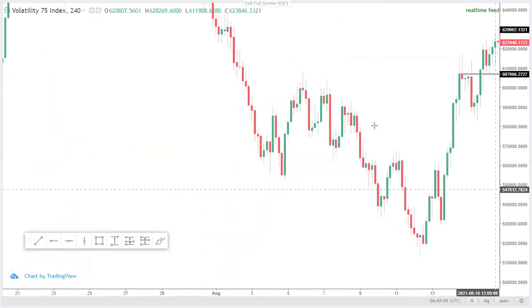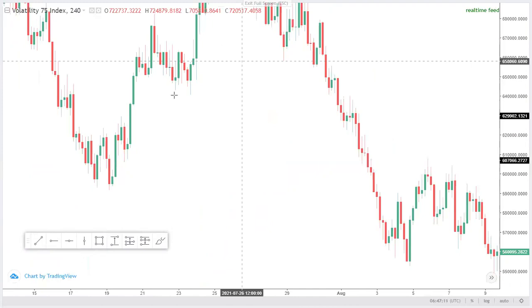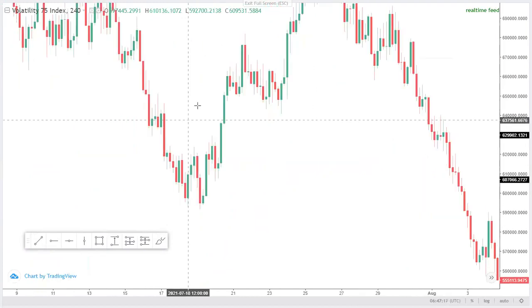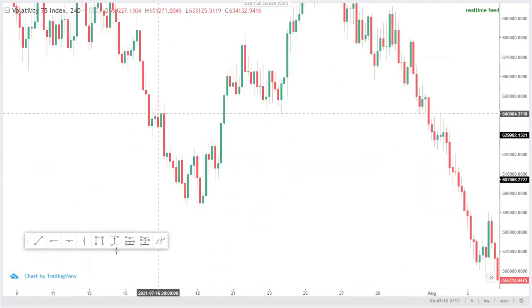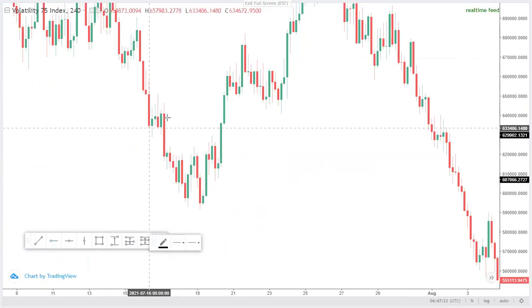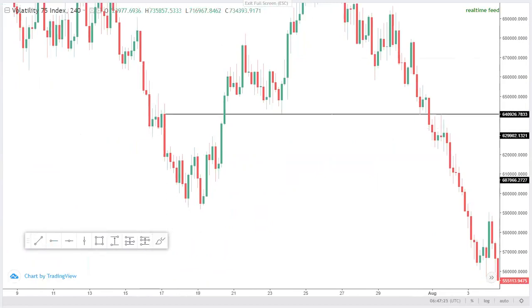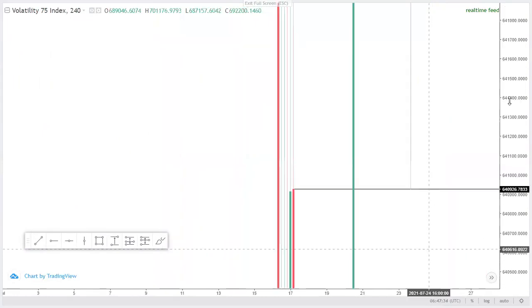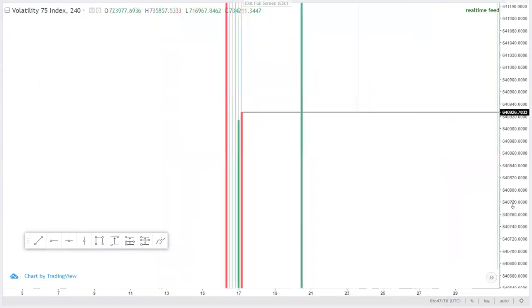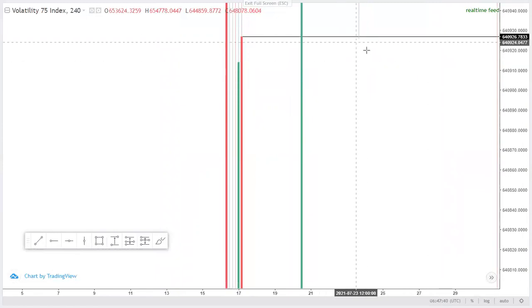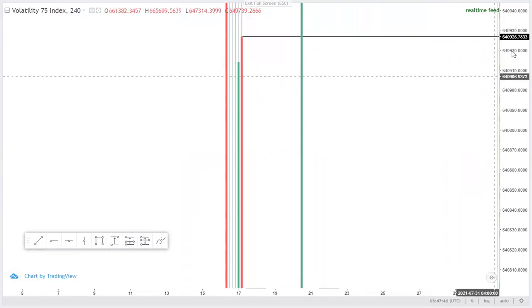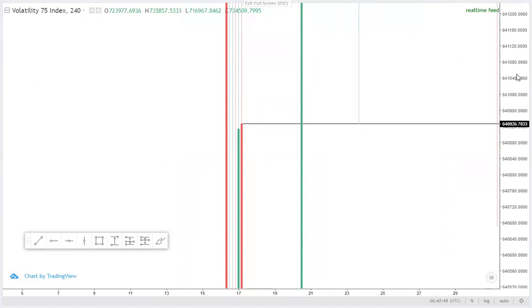So let me try to look for another example. The price made a touch on this breaking retest, and most of our entries are lower risk.